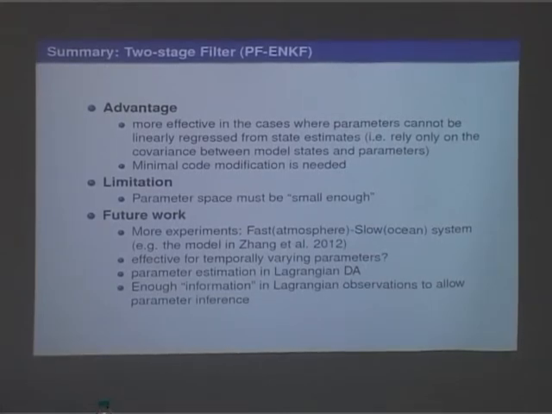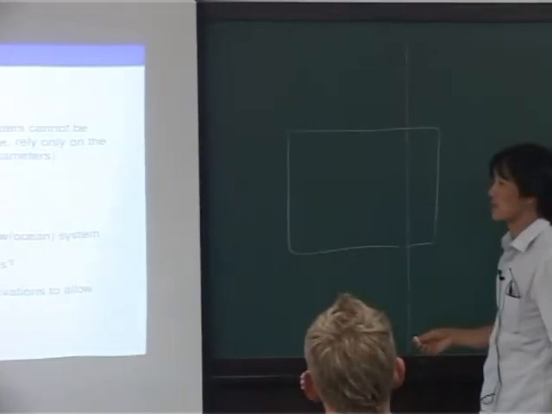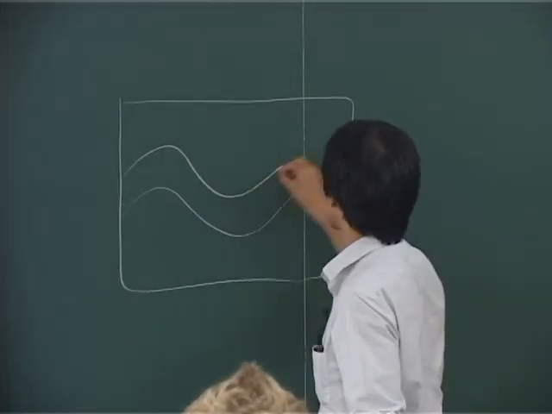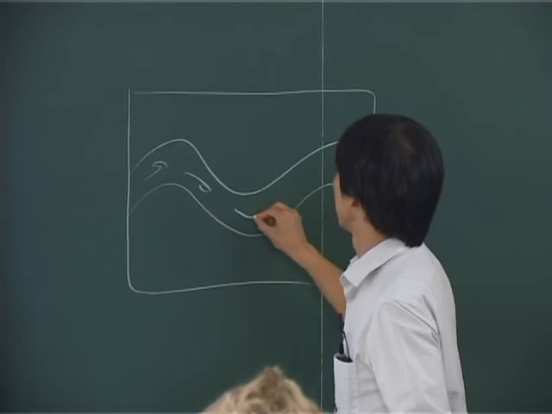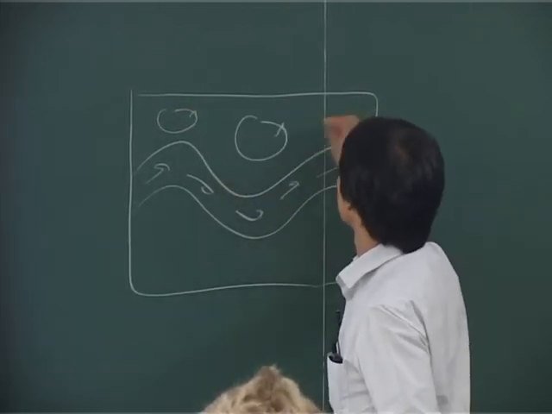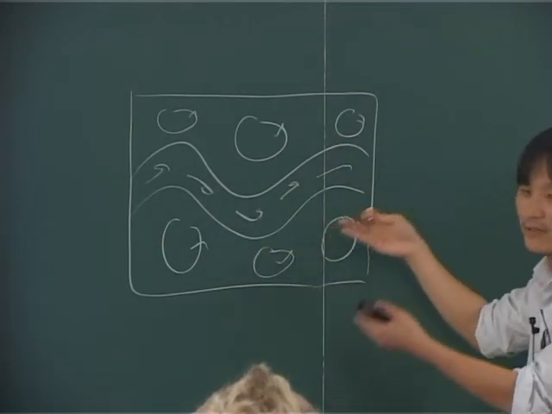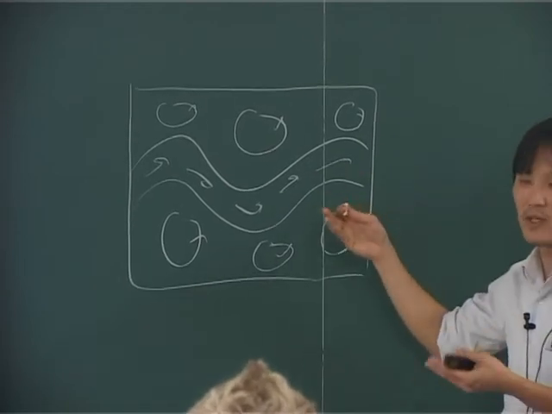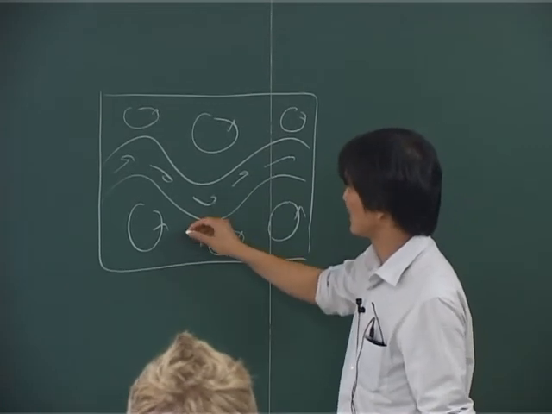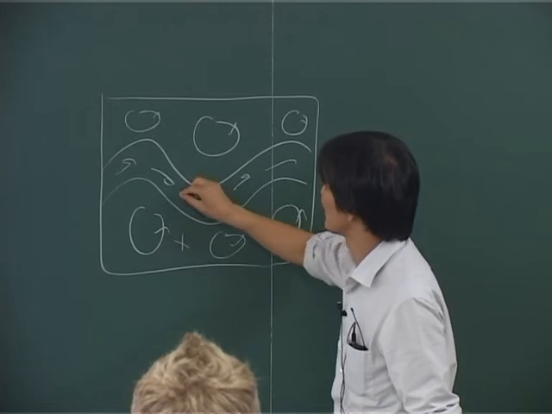Given that my background comes from dynamical systems, studying Lagrangian coherent structures, suppose you have a flow, maybe like this. Maybe this is a jet regime, and this is the circulation regime, maybe like this. If I'm able to extract this structure from the flow, from the velocity fields, should I launch tracers into different regimes or not?